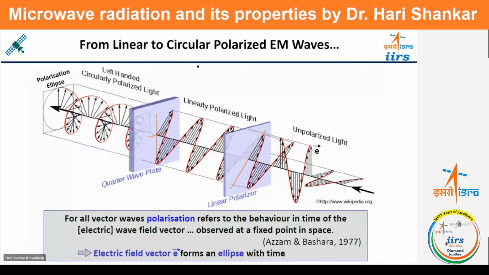If this line is in the horizontal direction, then these vibrations will happen in the horizontal direction, and that light is called horizontally linear polarized light, or horizontal polarization. If this line we are putting in a vertical plane like this, then we are getting vertically polarized light. If we are creating like this, it means this is linear but at angle theta.